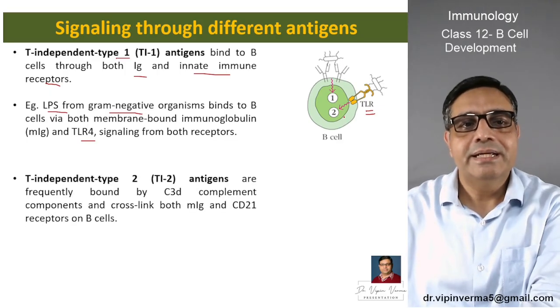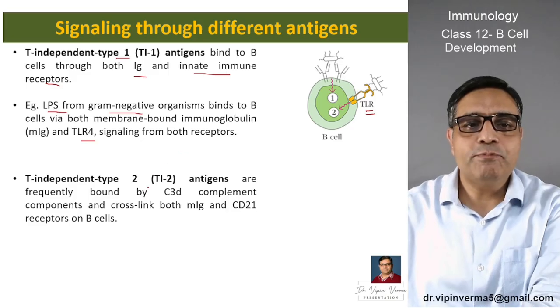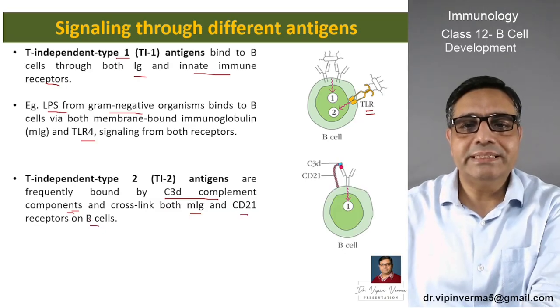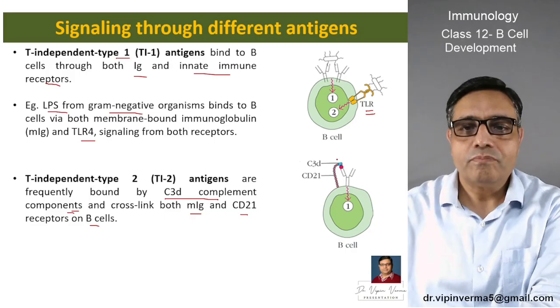So this B cell will receive the signals from both the receptors, from the BCR as well as from the innate TLR receptors. Then the type 2 T independent antigens are frequently bound by C3d complement components and cross-link both mIg and CD21 receptors on B cells. So here you can see this is the C3d, which is the complement component, and it is cross-linking with mIg and CD21 receptor on B cell.